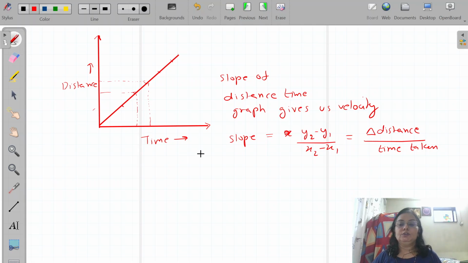Now here you can see that distance and time, they both are directly proportional to each other because the graph is a straight line.